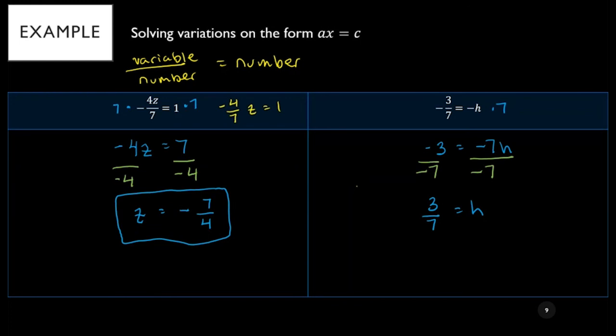So what we really want to do here, as our goal, is to focus on what's in front of the h, which is the negative. So what we really want to do is divide both sides by a -1.